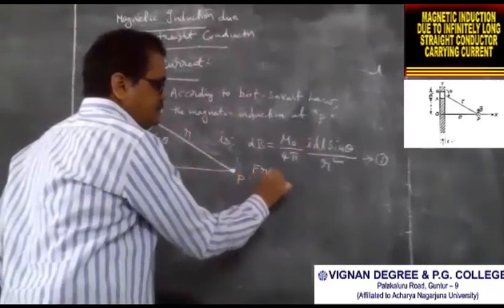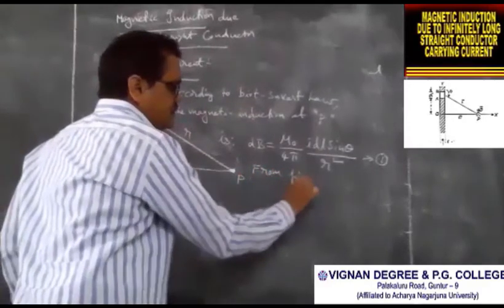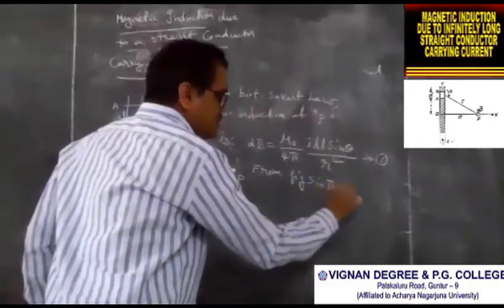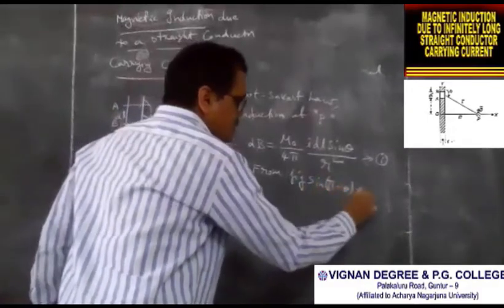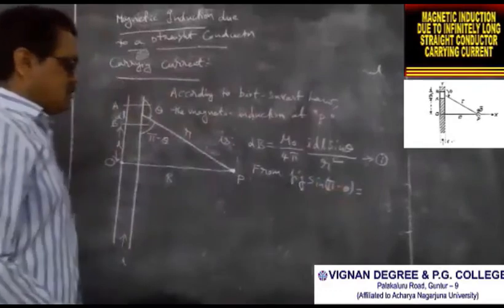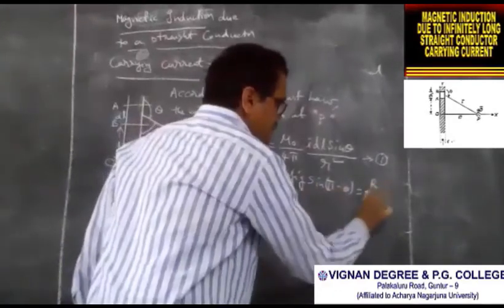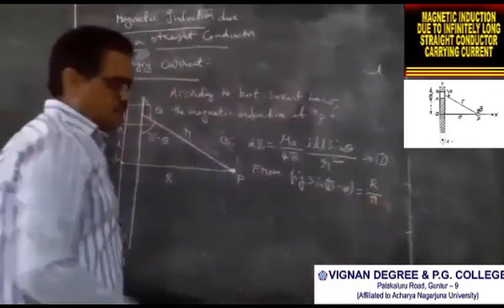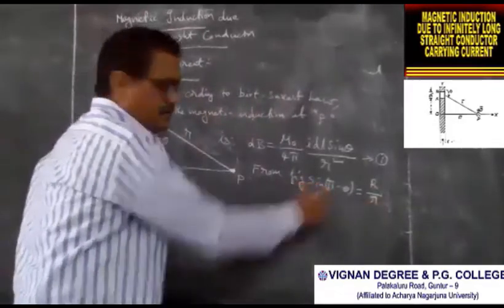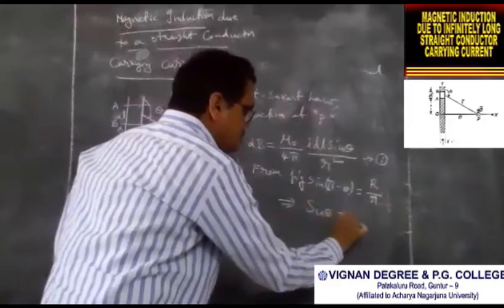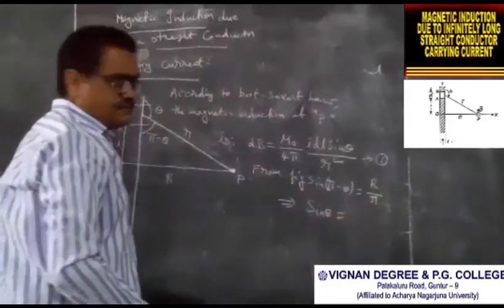So from figure sin pi minus theta is equal to R by r. But sin pi minus theta is equal to sin theta.